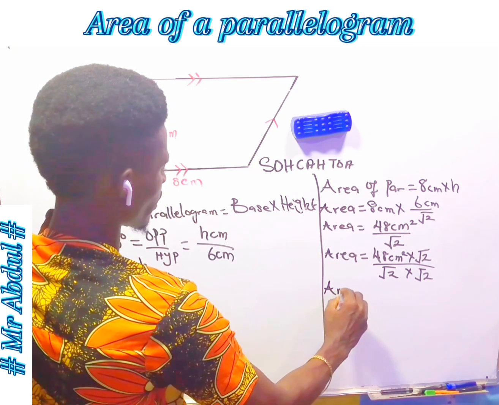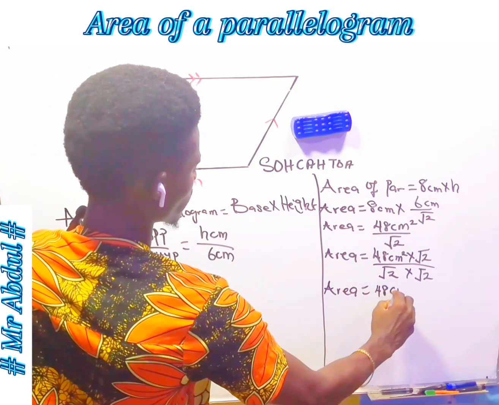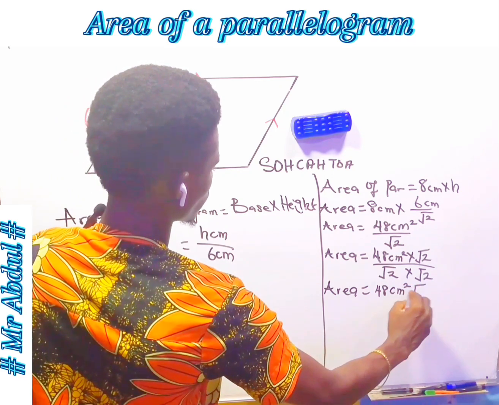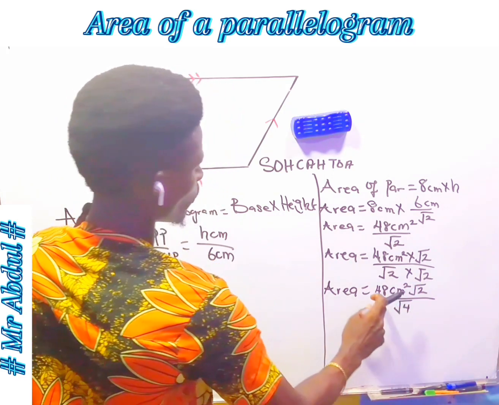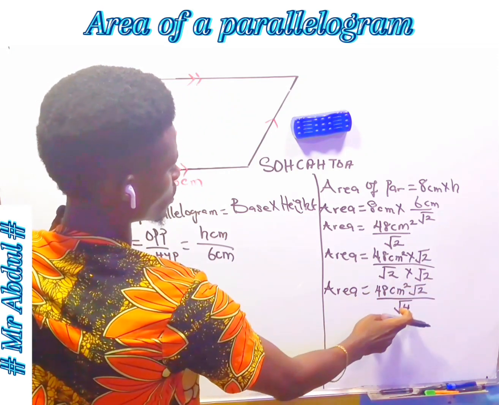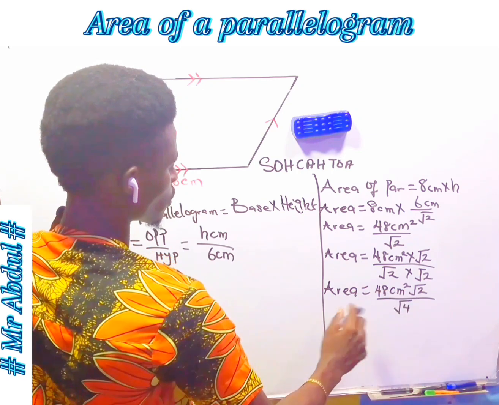Then our area will now be 48 cm square root 2 over root 4, which is root 2 times root 2 is root 4. 48 times root 2 is 48 root 2.